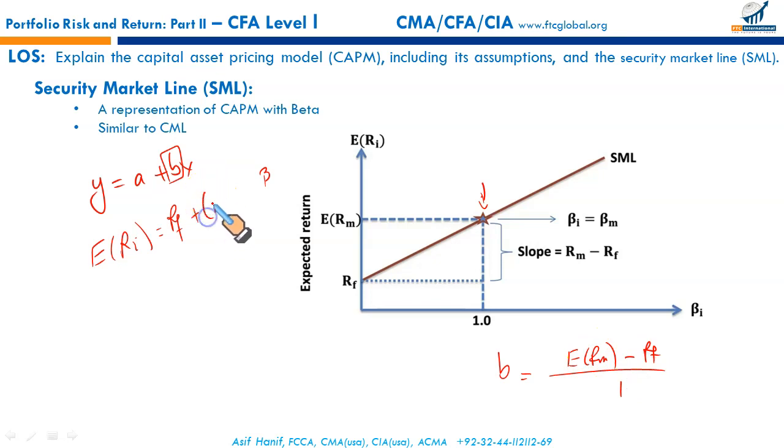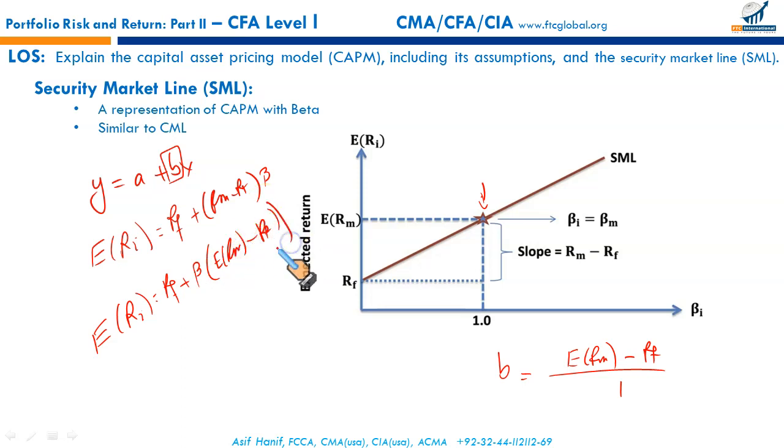So if you plug in these here, RM minus RF, you get what you call the equation of the capital asset pricing model. The expected return on the asset is equal to the risk-free rate plus beta times the expected return on the market minus the risk-free rate. Okay, so this is it.